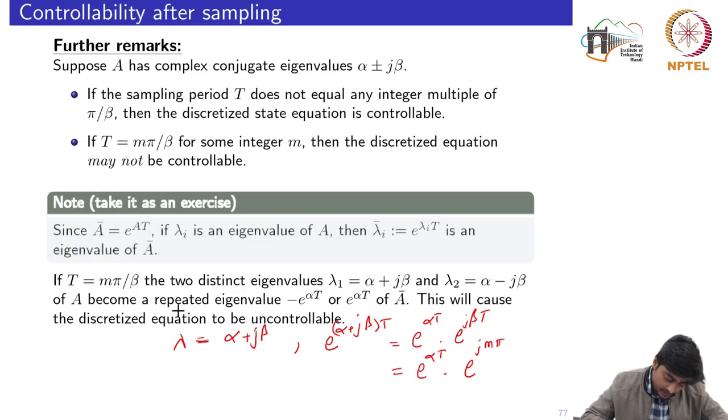So that's why it becomes a repeated eigenvalue of the discrete time state matrix. And this will cause the discrete time equation to be uncontrollable.